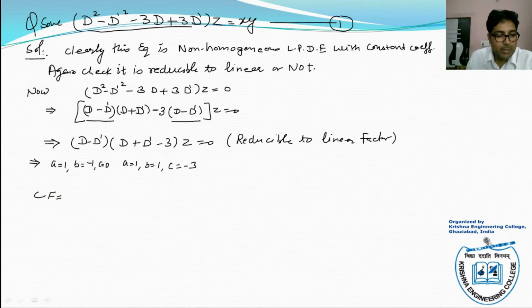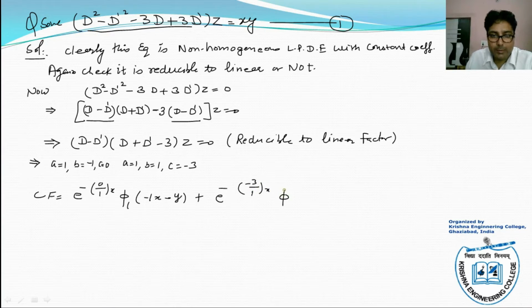So CF in this case is e to the power minus c by a x phi(bx minus ay). For the first factor, c is 0, so e to the power 0 becomes 1, so this is phi 1(x plus y).